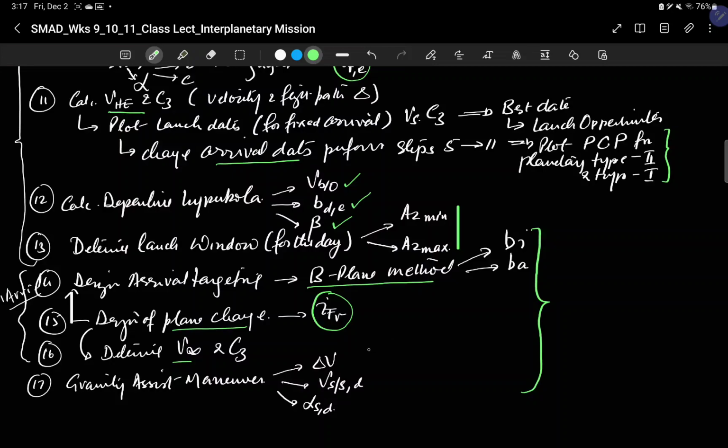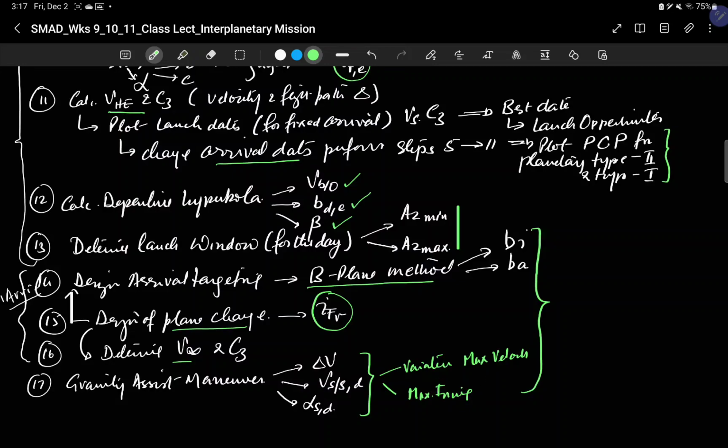After that we are going to do gravity assist maneuvers and make some variations to this gravity assist maneuver in terms of the maximization of the velocity as well as the maximization of the turning of the spacecraft inside the gravity assist.